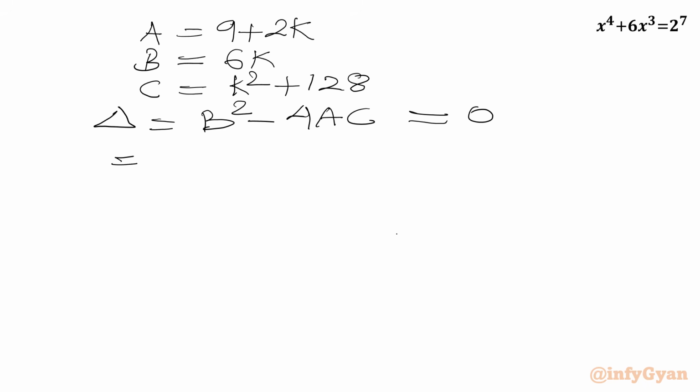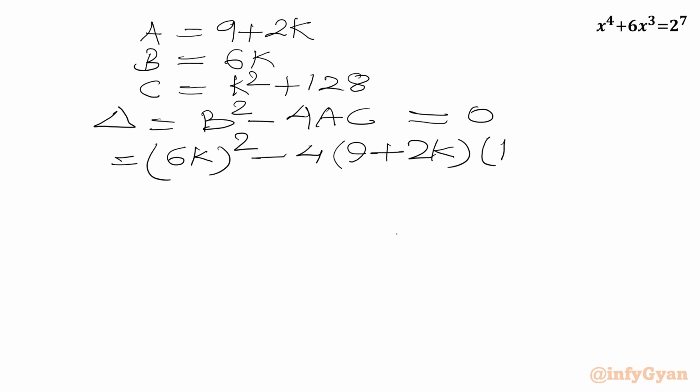Let's put all the values. B is 6k. So we'll write here 6k whole square minus 4 times 9 plus 2k times k square plus 128 equal to 0.